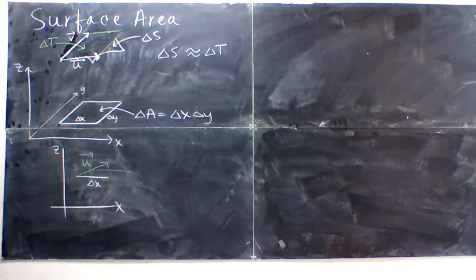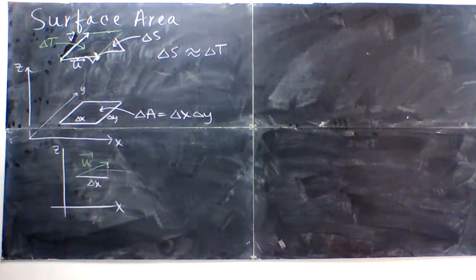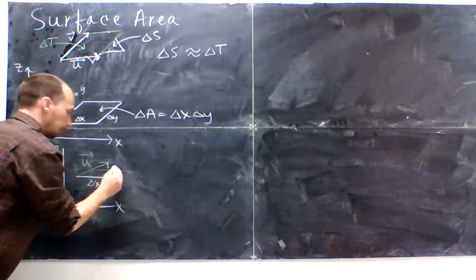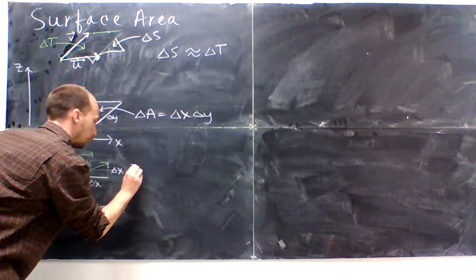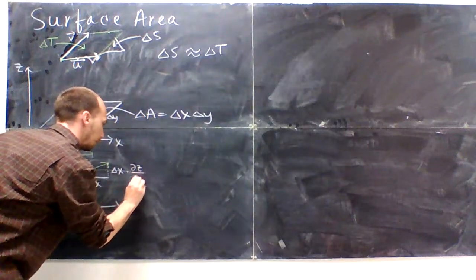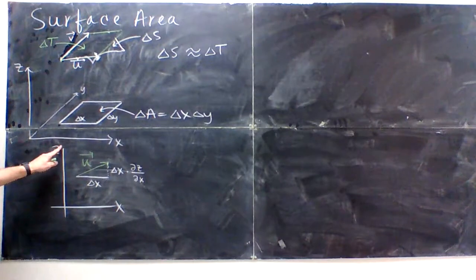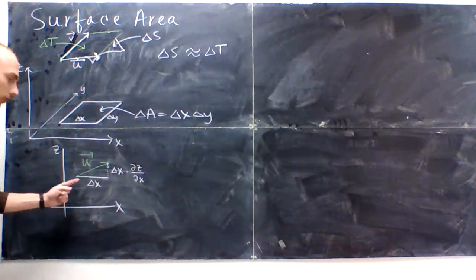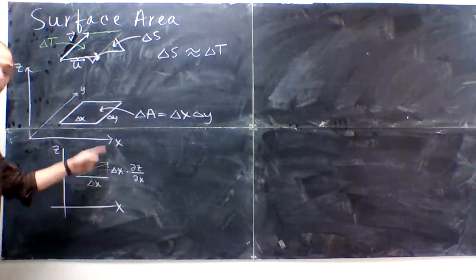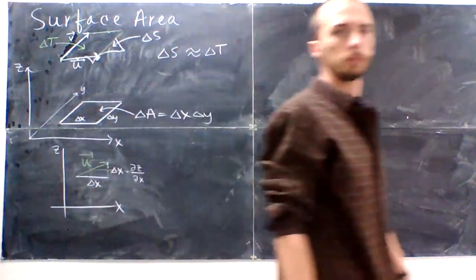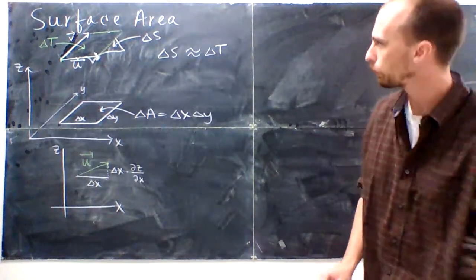So this distance is delta x, and then this amount of distance is going to be equal to delta x multiplied by the partial derivative of z with respect to x. If you see, the partial derivative of z with respect to x is the slope of this line, and the slope of this line multiplied by this is going to be the change in that. And if you need to pause and sit with that for a second, that would be completely fine.